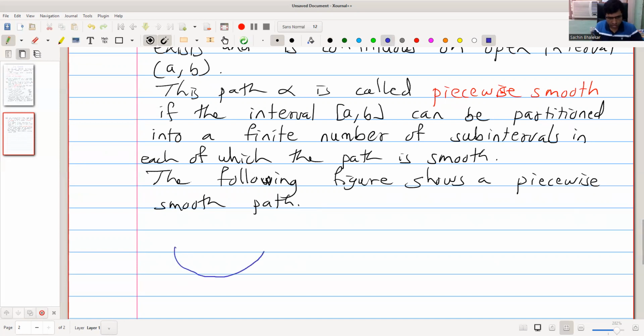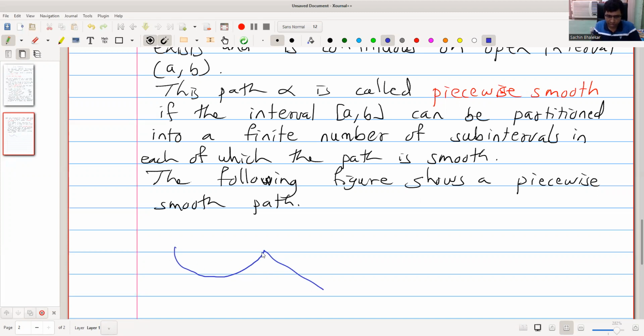This piece is smooth, then next we have a piece like this. Note that at this point the curve is not smooth, which means the derivative does not exist here. So this curve is continuous, but the derivative at this point doesn't exist. It cannot be a smooth curve, but it is piecewise smooth.